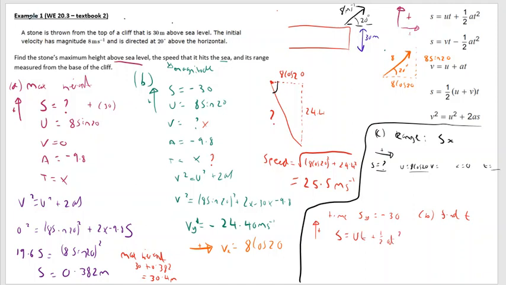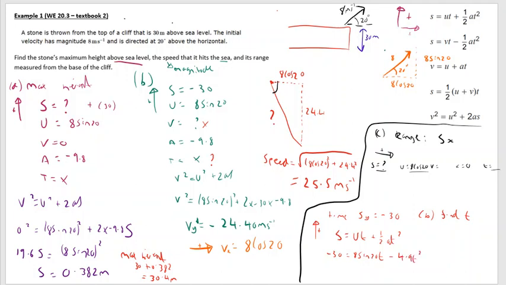I'm going to sub in what I've got, so negative 30 equals 8 sine 20 t, plus half at squared, so half of that's a take away because it's a minus, 4.9 t squared.